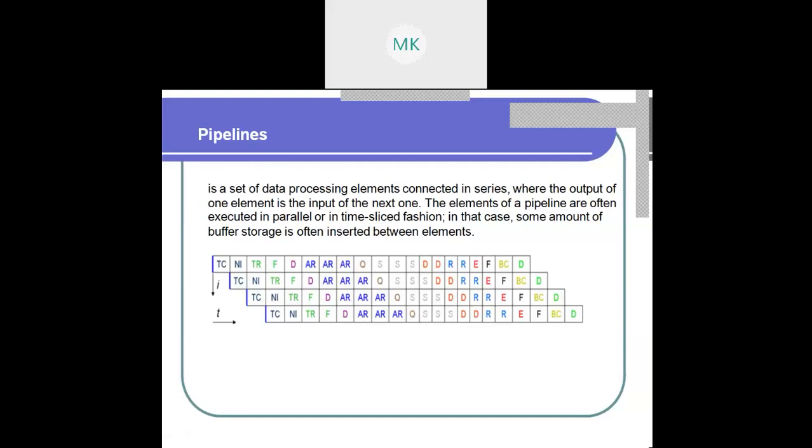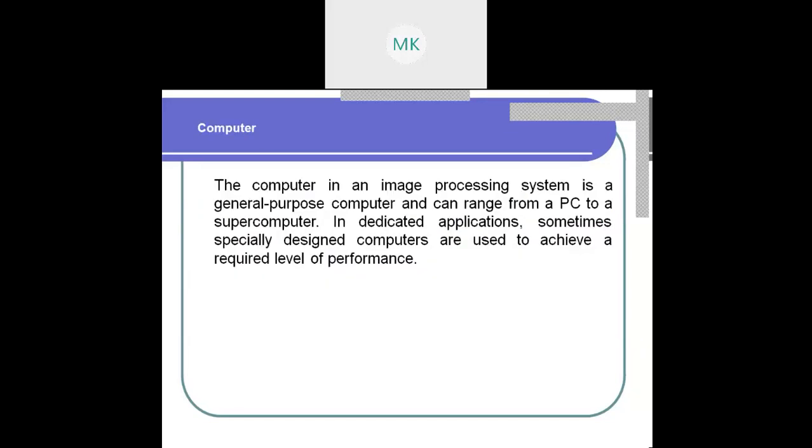So next we'll consider the computer. The computer in an image processing system is a general purpose computer which can range from a PC to a supercomputer. In dedicated applications, sometimes specially designed computers are used to achieve a required level of performance.